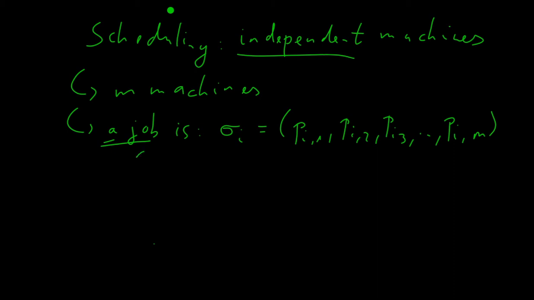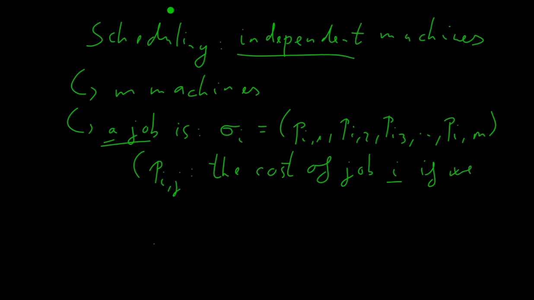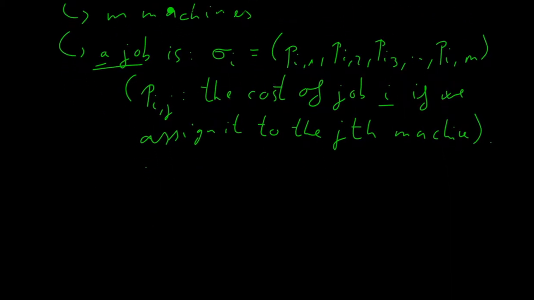Basically, pij is the cost, say the time cost, of job i if we assign it to the jth machine. Of course, these are non-negative real numbers.